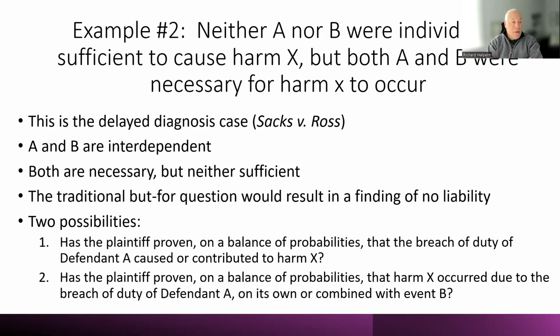Question 2, has the plaintiff proven on a balance of probability that harm X occurred due to the breach of duty of defendant A on its own or combined with event B? The second question recognizes how phenomena really occur. And when I say event B, it could be another tortious cause or could be an innocent cause. Again, a shortcoming of Sachs and Ross. Next slide, please.